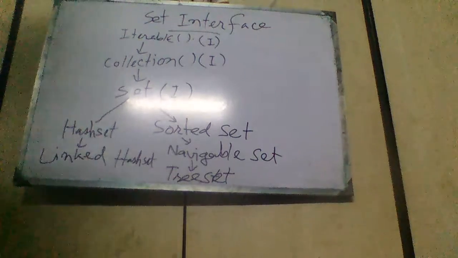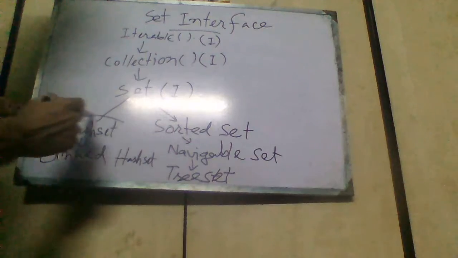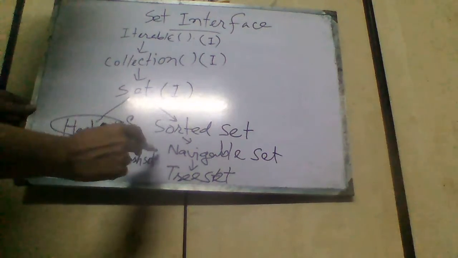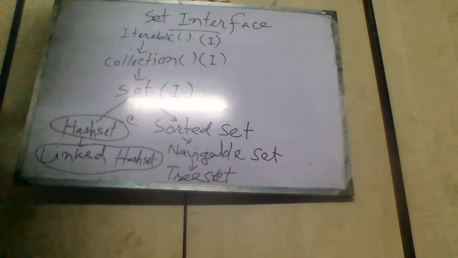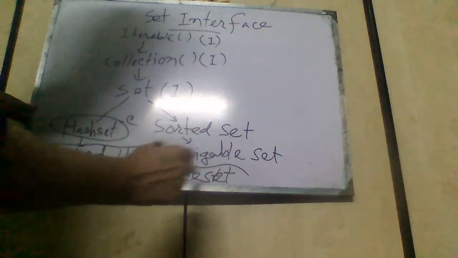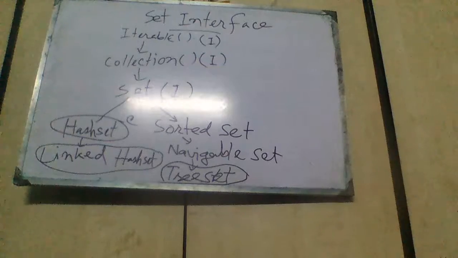So here we can see there are only three classes. Number one is HashSet, this is a class. Number two is LinkedHashSet. And number three is TreeSet.